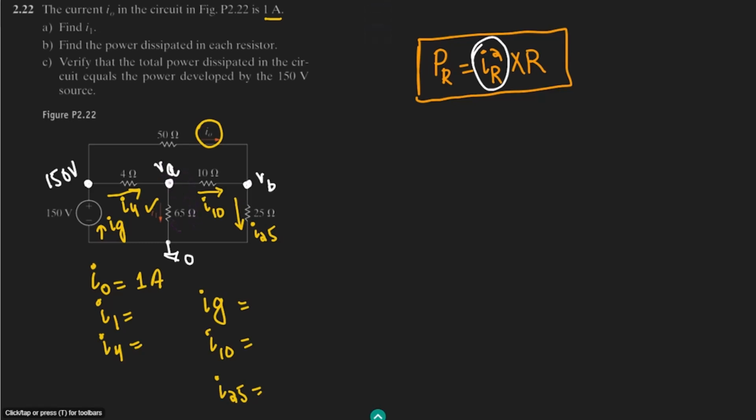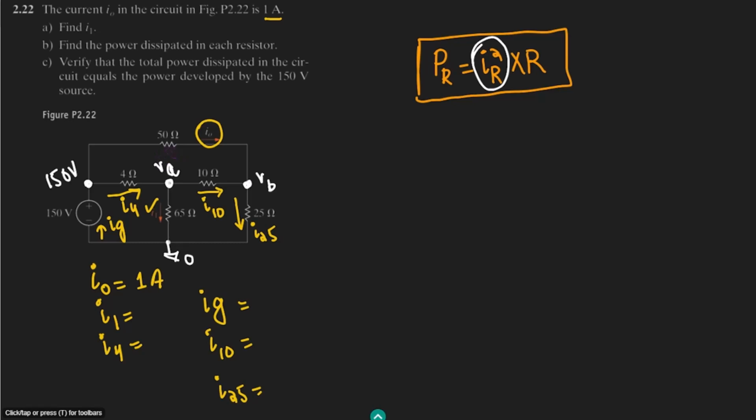Why this? Because I want to find out the currents, and with each element here we have 3 quantities associated: voltage, current, and resistance. If any 2 of them are known, the third one can be easily found out. So if the voltages are known, we can easily find out the currents.